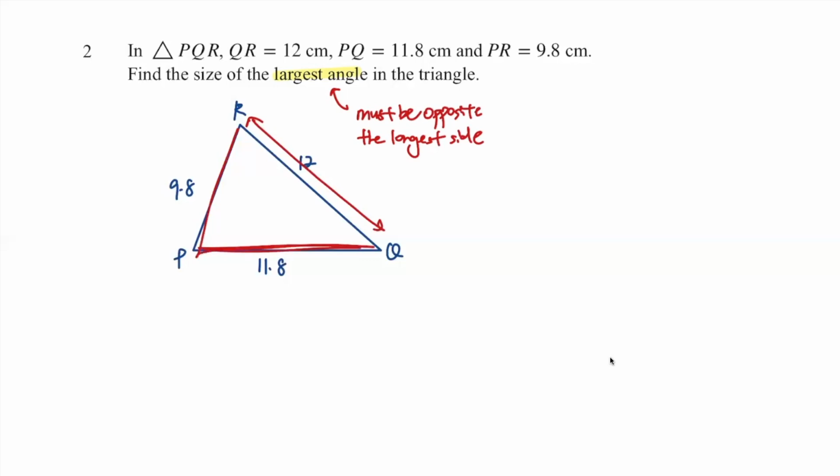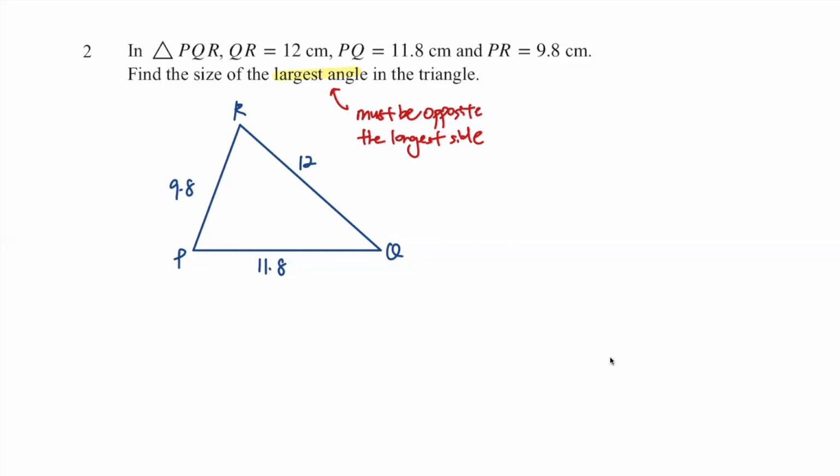These two lines have to open big just to cover the whole side. That's why the angle is big. If you try to visualize the smallest one, then these two lines will just have to open up a little to cover 9.8, and hence this angle must be smaller than this. Logically speaking, you should be able to understand that the largest angle in the triangle must be opposite the longest side.